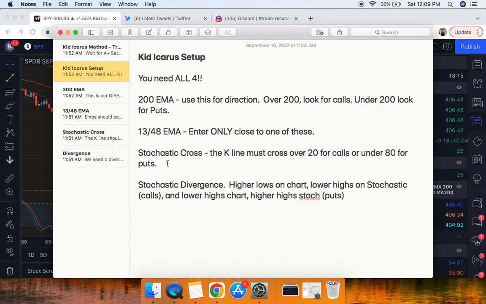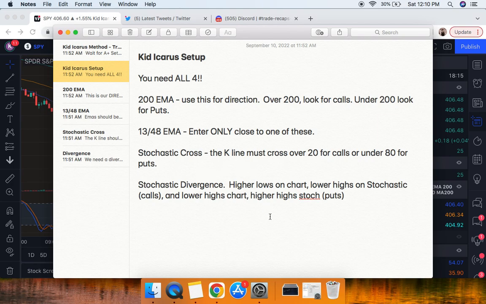Next thing, the biggest part of my trading method, is Stochastic RSI, which I think is the best oscillator in trading. There are 2 lines on it, a fast line and a slow line. The K line is the fast one, and that needs to cross over 20 for calls or under 80 for puts.